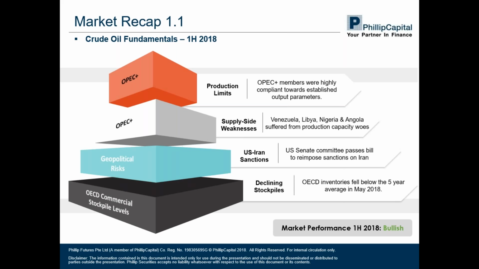So this helped to lower production levels and output levels on one part of the paradigm. And also, in lieu of political risk, we saw that the US Senate had sanctions on Iran, pushing sentiments on the supply squeeze.